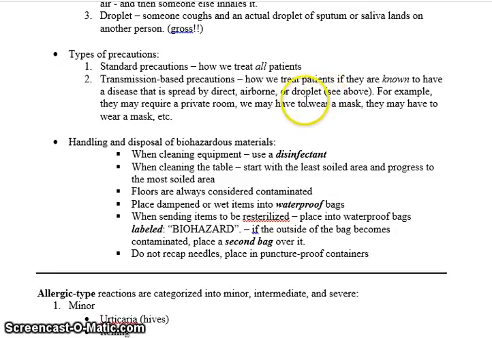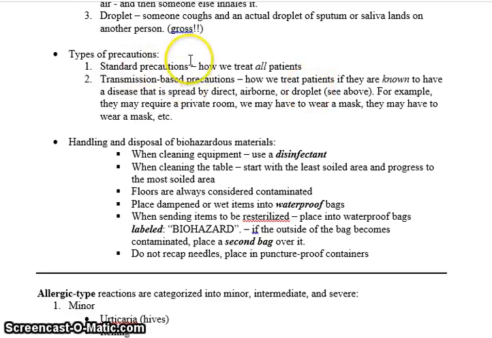For example, they may require a private room, we may have to wear a mask, or they may have to wear a mask, things like that. So that's the difference between standard precautions, that's how we treat all patients, and transmission-based precautions. That's how we treat patients with a known disease, such as TB, tuberculosis, influenza, MRSA, VRE, things like that.